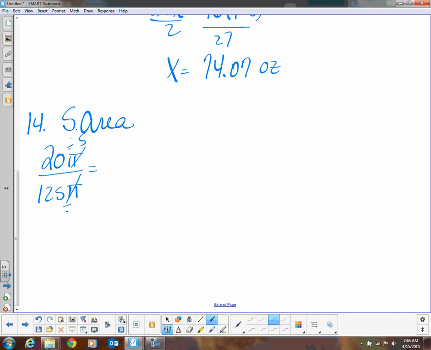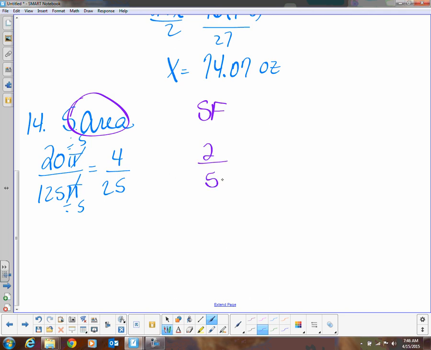I think we divide by 5. So we're going to get 4 over 25. Now, how do you go to scale factor? It's area. Square root of 4, square root of 25.